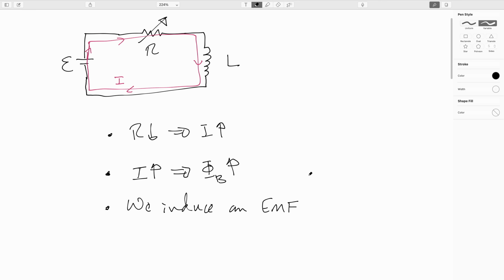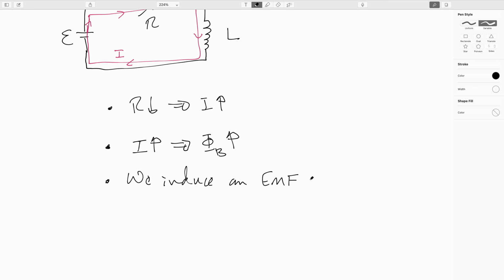Now, I am going to assert here that the polarity of our EMF is such as to oppose the change in the current through the circuit.